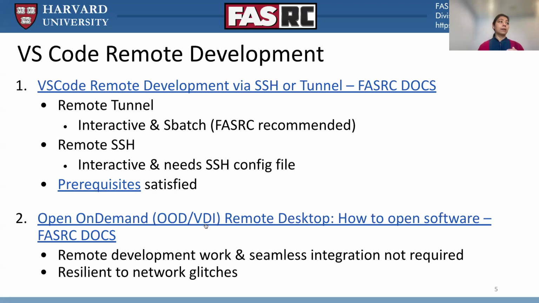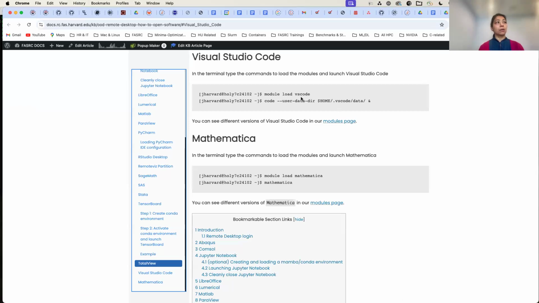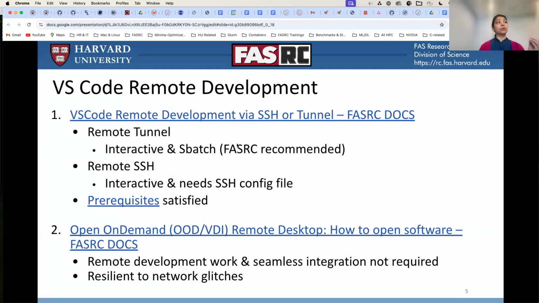Okay, but the focus of this training is really all on this number 1 here. Because 2 is straightforward. All you need to do is just follow these instructions on how to launch VS Code on OOD, and you're all set. But as I said, our users do prefer doing this from their personal device.